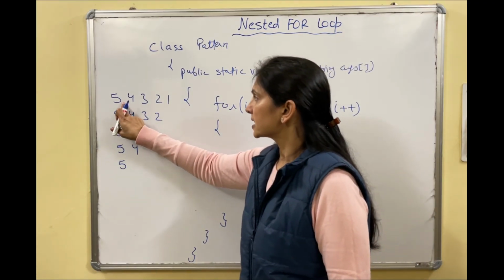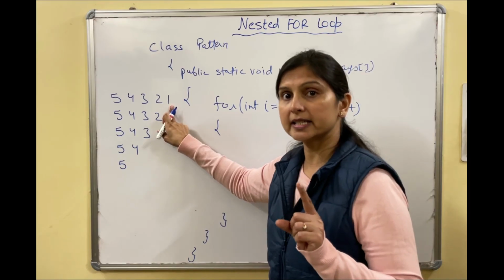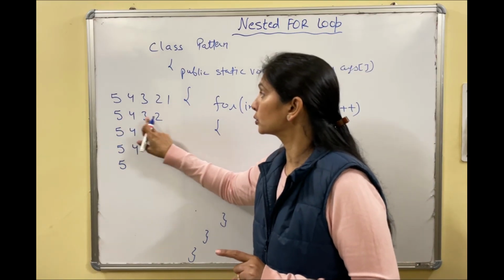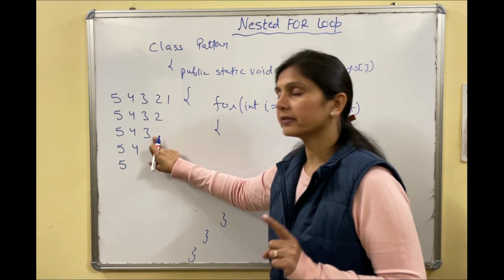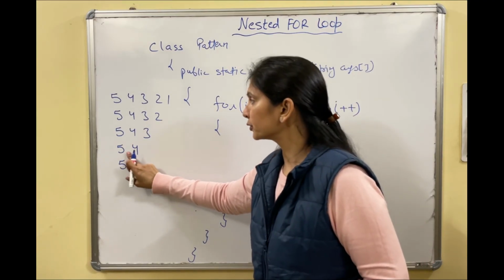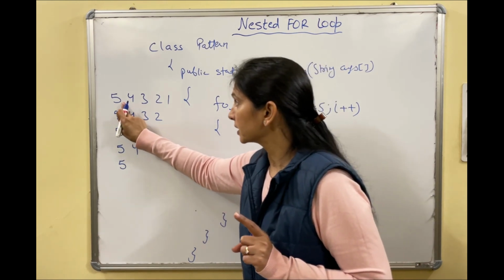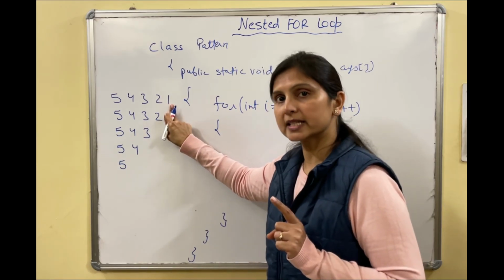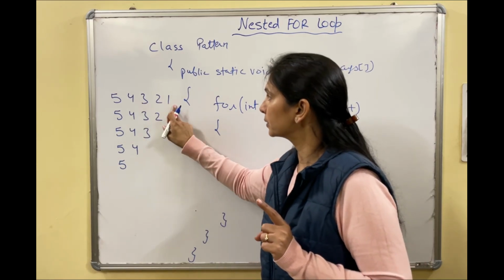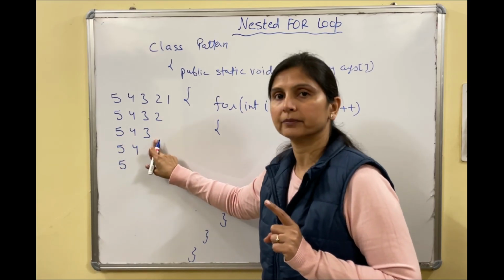Now J will go from 5 to 1 when I is 1, 5 to 2 when I is 2, 5 to 3 when I is 3, 5 to 4 when I is 4. So what you have observed is that J will go from 5 to I. If I is 1 then 5 to 1, I is 2 then 5 to 2, I is 3 then 5 to 3, right?